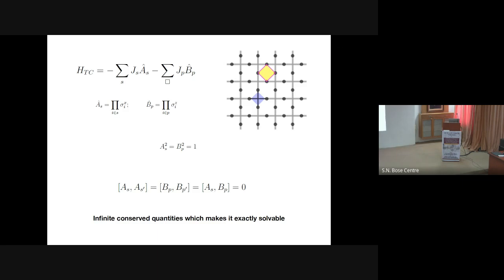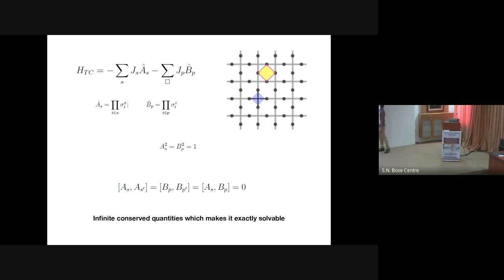The fact that the A_s operators commute with each other is a no-brainer because they are all sigma x. The same for B_p. But this is slightly more tricky. If I choose this placket and this side, they don't share a common spin, so it's clear that they commute. But suppose I choose this placket, this side, and the placket next to it. Then they share these two sides, and we have to be careful. But we know that sigma x and sigma z anti-commute. And there are two such things.